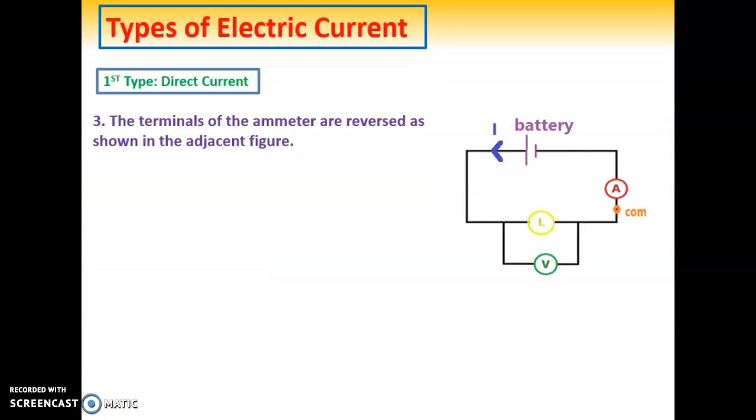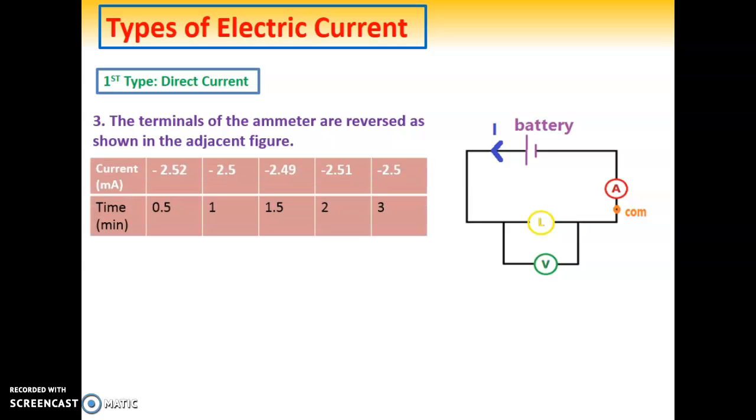Now, if we reverse the terminals of the ammeter, as shown in the adjacent figure, the COM terminal now is no more connected directly to the negative terminal of the battery. Now the A terminal is connected to the negative terminal of the battery. So what happens? The following results are obtained and they are recorded in a table.